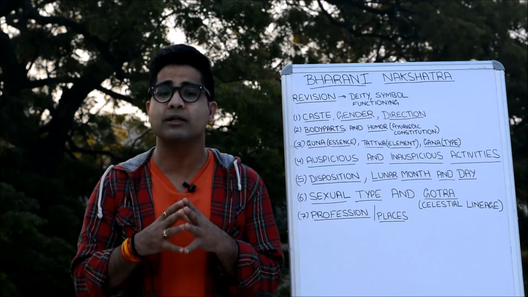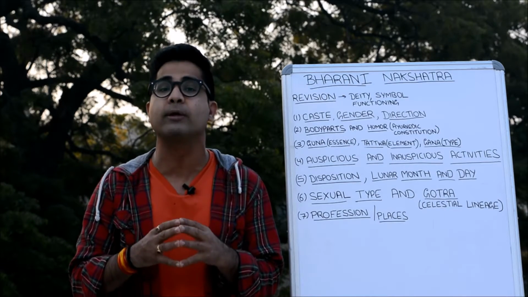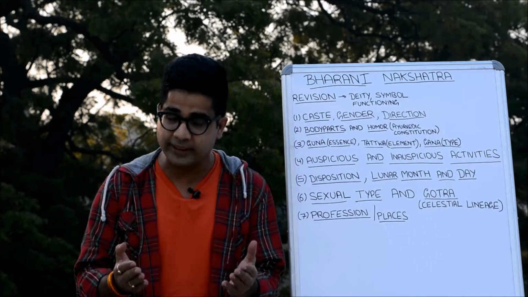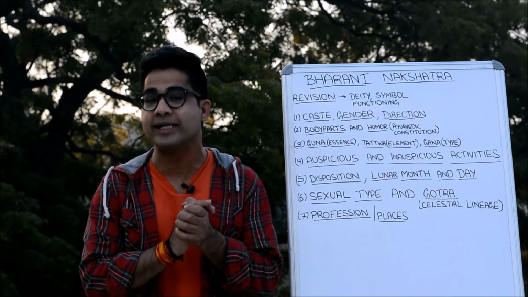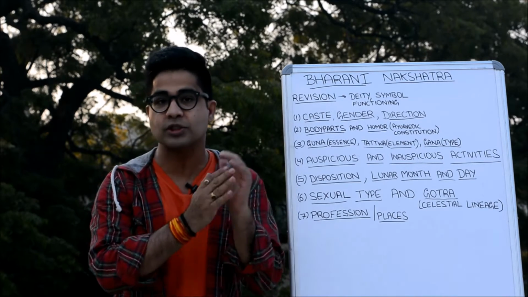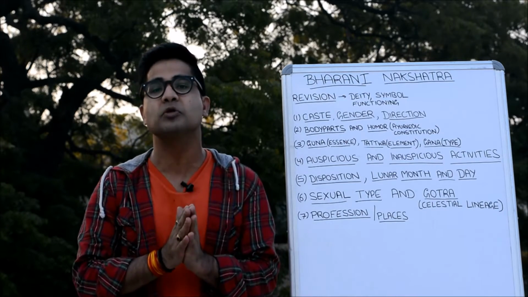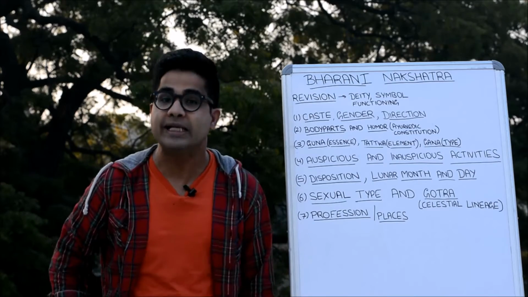Before we start our discussion on this Bharani Nakshatra, just a quick recap of all we have studied so far. We have already discussed that behind each zodiac sign, there is the energy of three different nakshatras. The very first nakshatra was the Ashwini Nakshatra, which we have discussed to the core. Now, the Bharani Nakshatra, within this Aries zodiac sign.